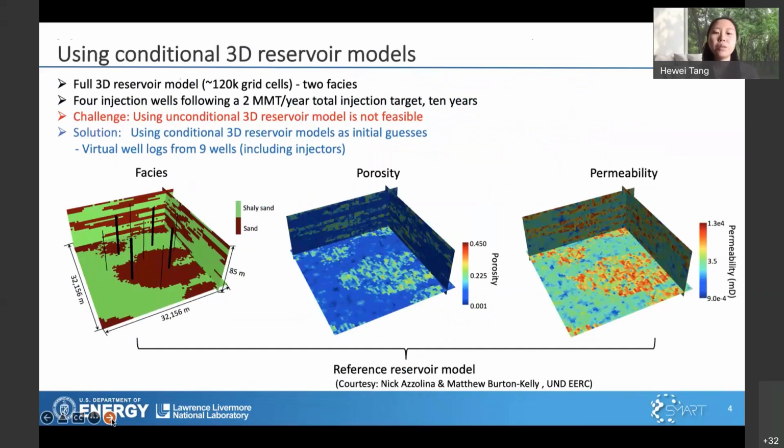So we are still using the reference reservoir model that was created by ERC to generate our synthetic data. This is a full 3D model that contains two facies, and it has 4 injection wells following a 2 million metric tons per year total injection target to inject for 10 years.